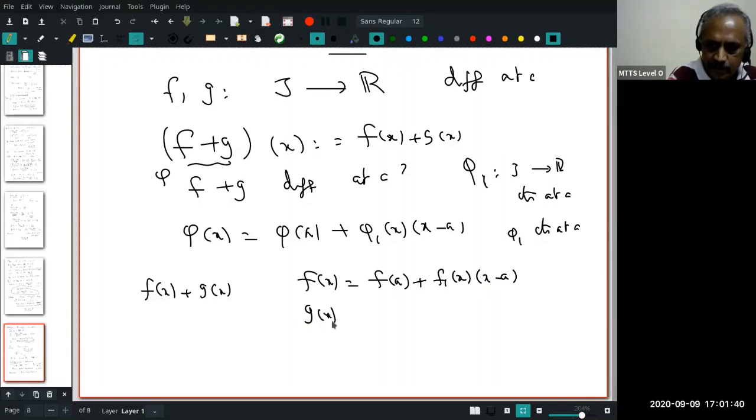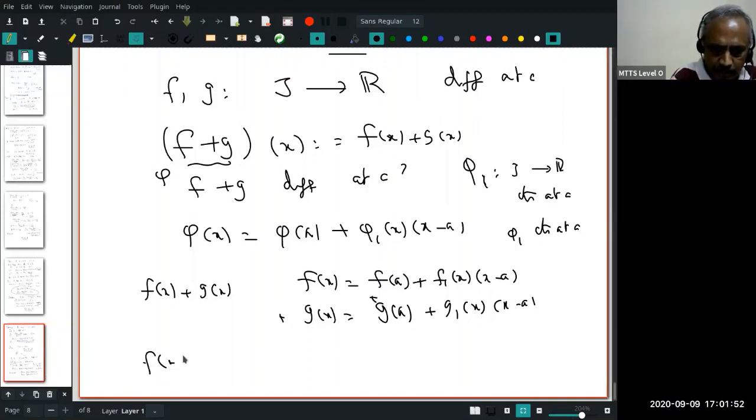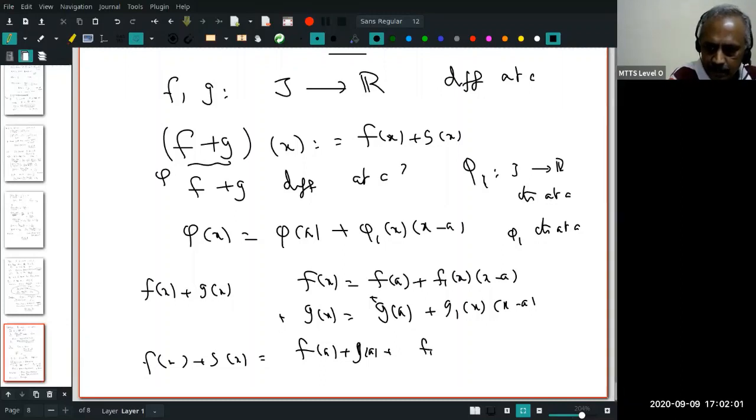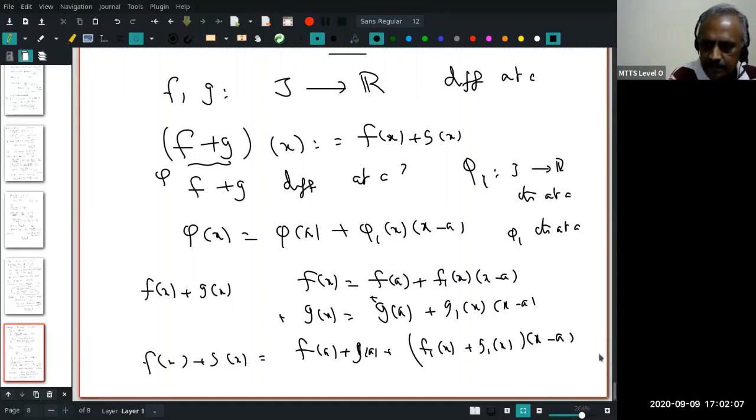Similarly g(x) equals g(a) plus g1(x) into (x minus a). Therefore, f(x) plus g(x) will be f(a) plus g(a) plus f1(x) plus g1(x) into (x minus a).